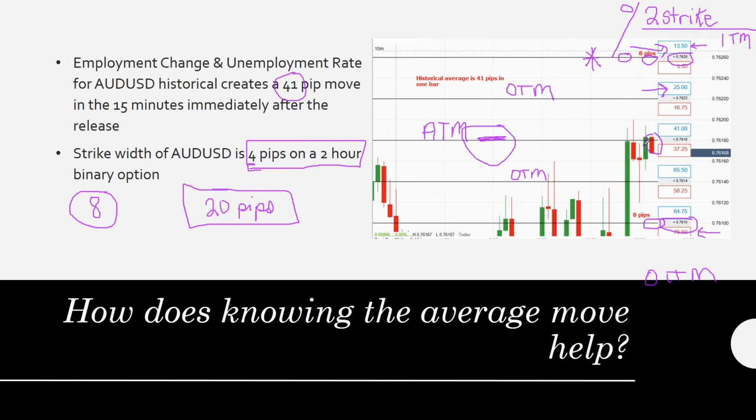In the money means that price is either trading above or below, depending on whether you're long or short, but literally it is in the money. So in this case, if I was long, my in the money would be below price. But if I am short, this would be the in the money because it is above price. Does everybody understand that now?